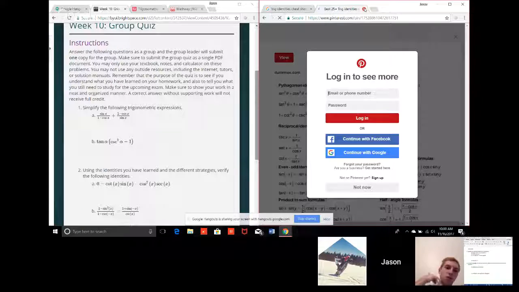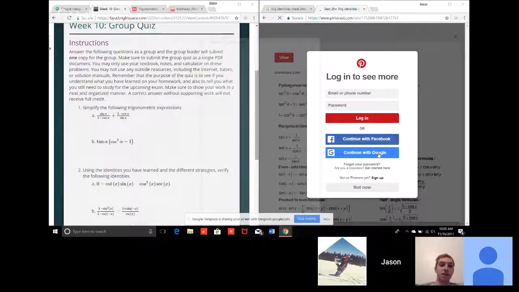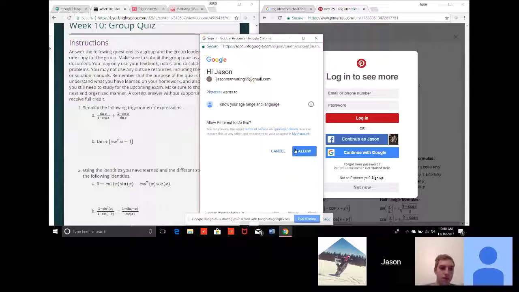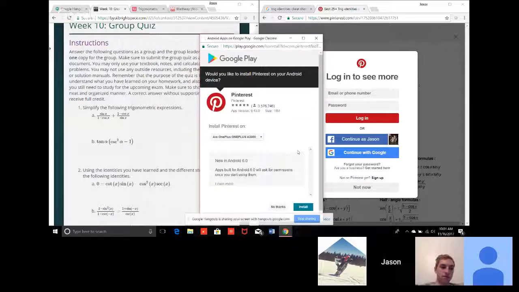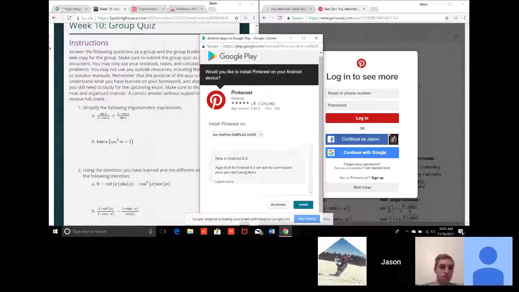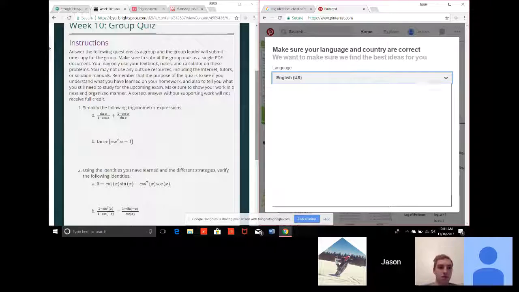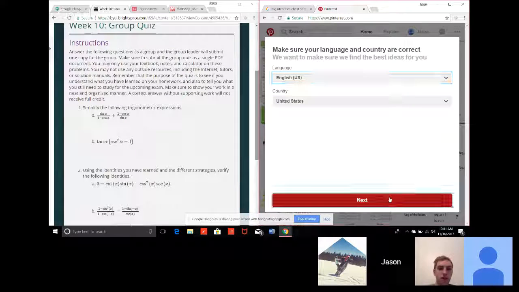So sine x over 1 plus cosine x is tangent. It's actually tangent theta. No, tangent theta over 2. That's what it is. Cotangent over. Tangent theta over 2.